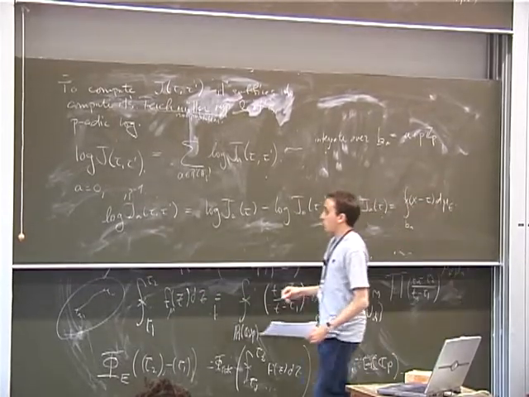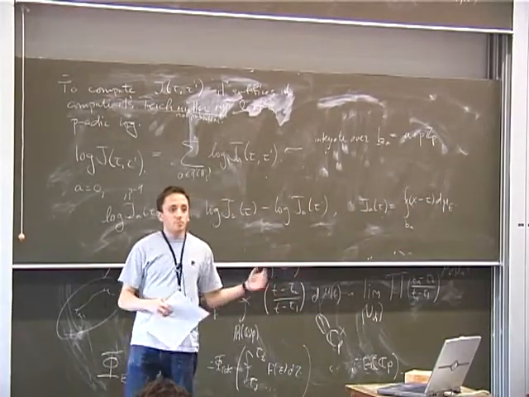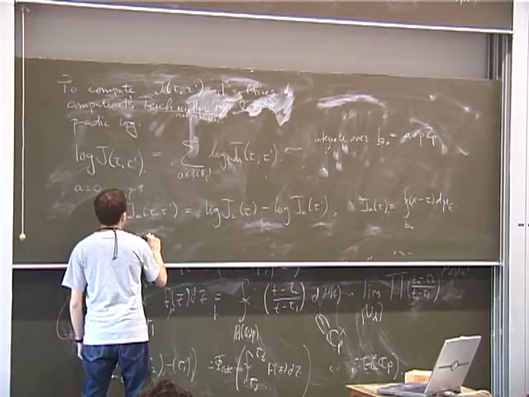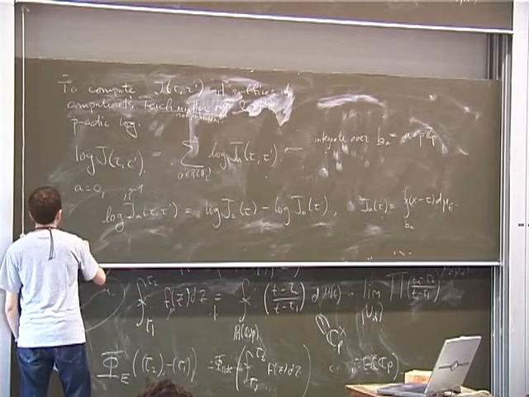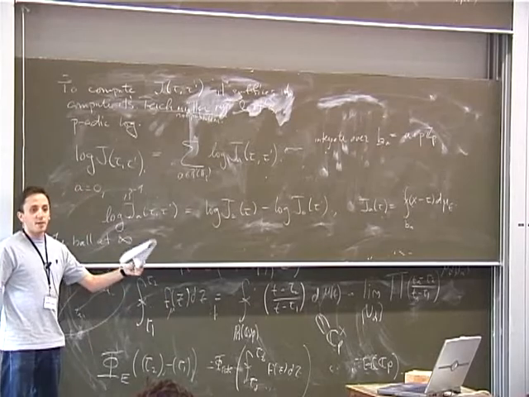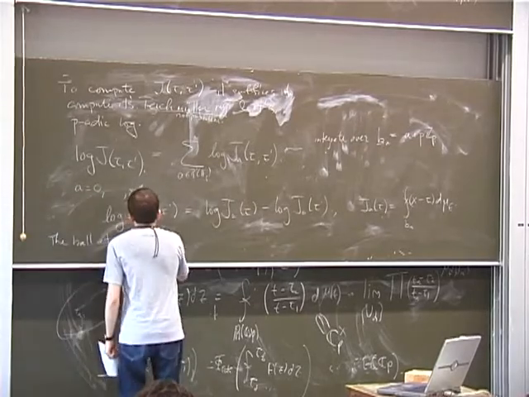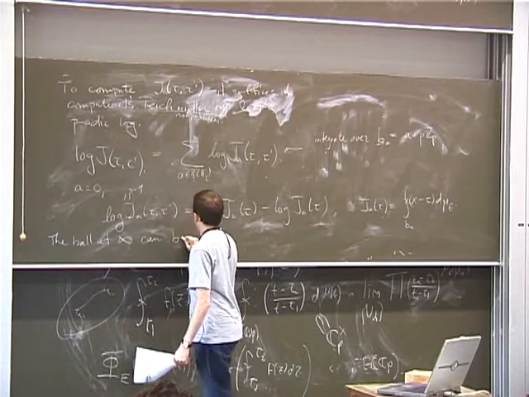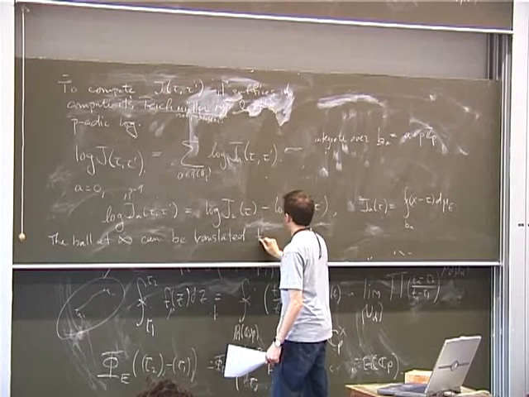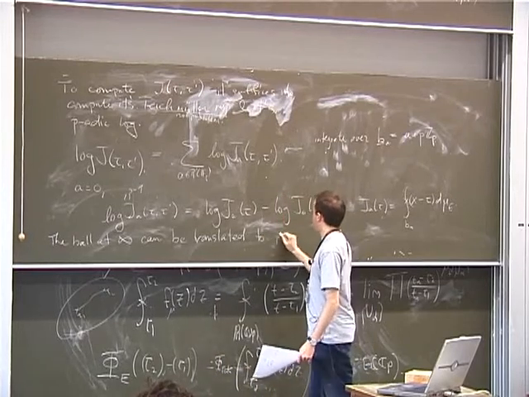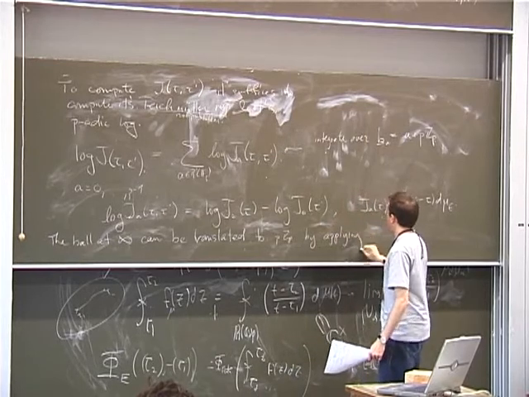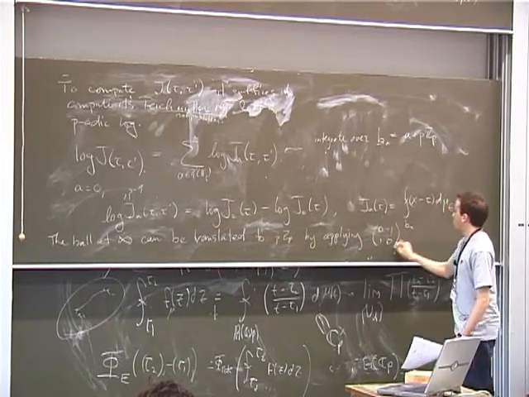And one can also treat the ball at infinity in the same way by translating the ball at infinity into the finite part of P1, say to the ball Z_p, by just applying the matrix 0, minus 1, 1, 0.